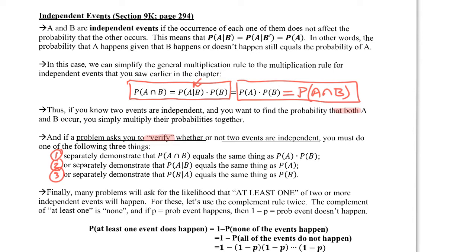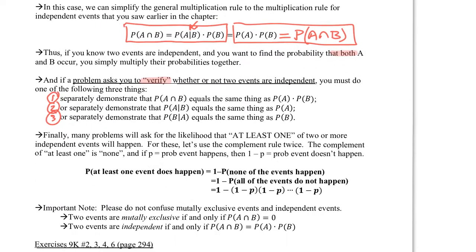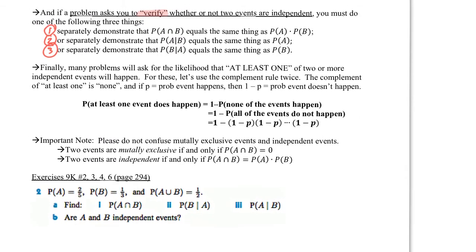And then finally, the last important thing in the chapter is that often when we look at a sequence of events, we want to know the likelihood that at least one of two or more independent events happen. So for that, you're going to see the complement rule used twice. If you think about it logically, the complement of at least one happening is none happen.